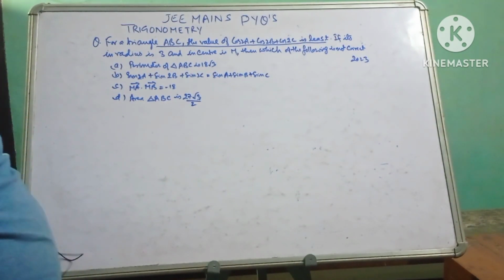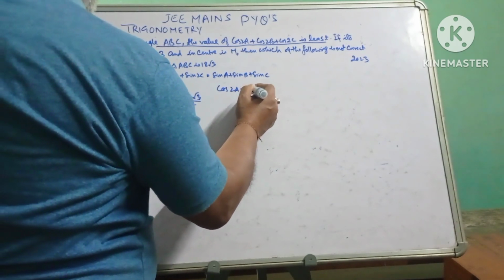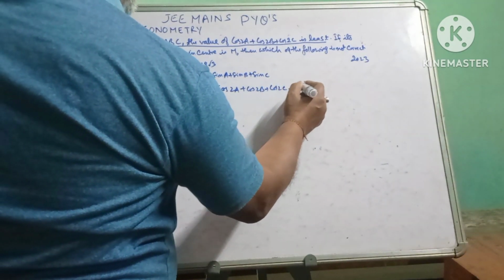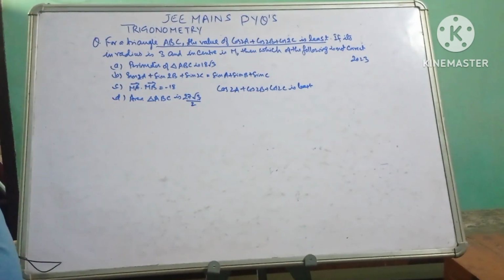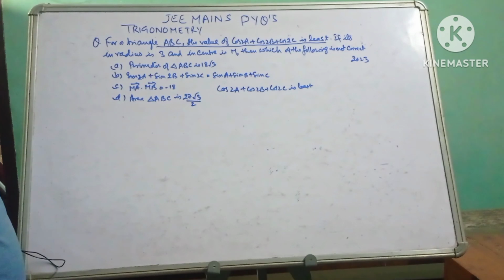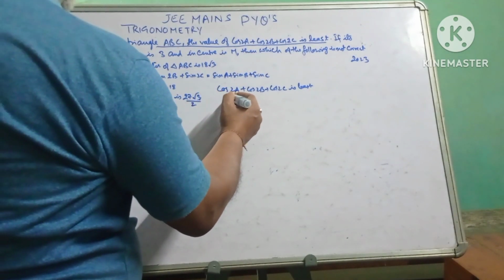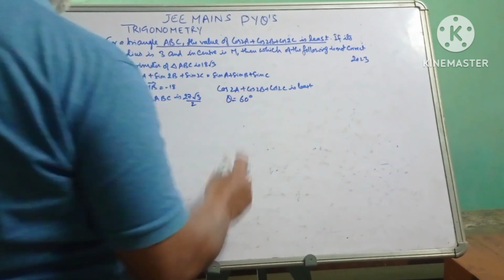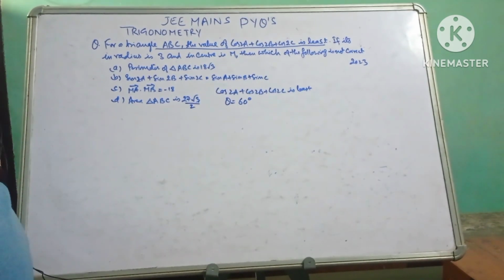The concept here is that cos 2A plus cos 2B plus cos 2C is least when theta is equal to 60 degrees.